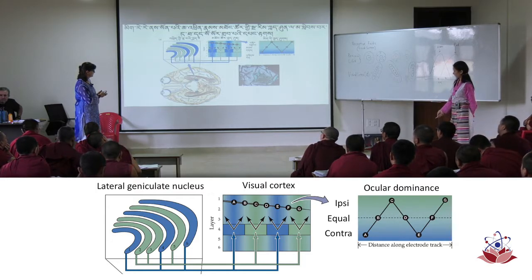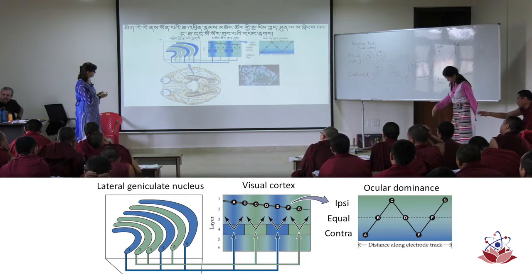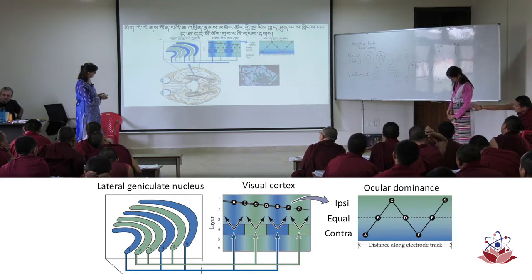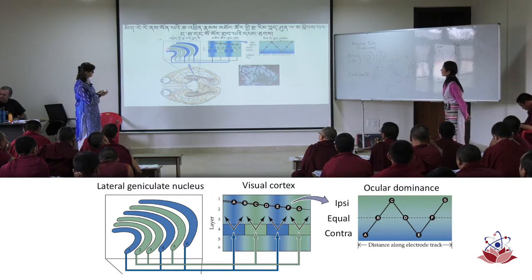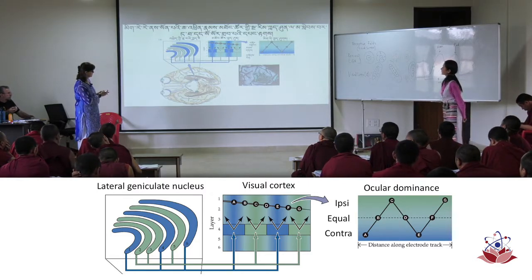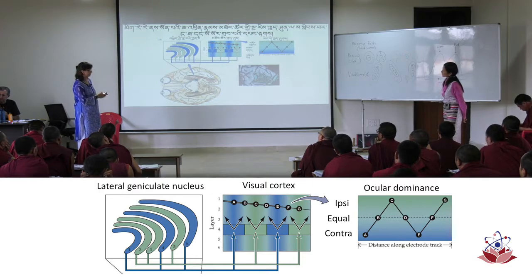And so in this diagram, it's showing that the first 2 layers, which are the magnocellular layers, contain input from the ipsilateral eye and the contralateral eye.